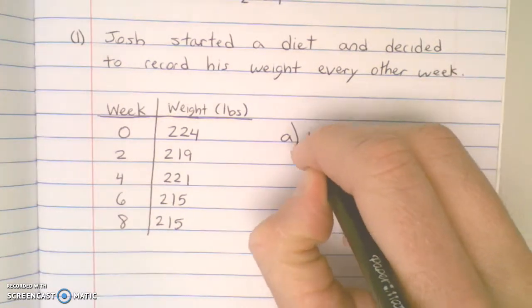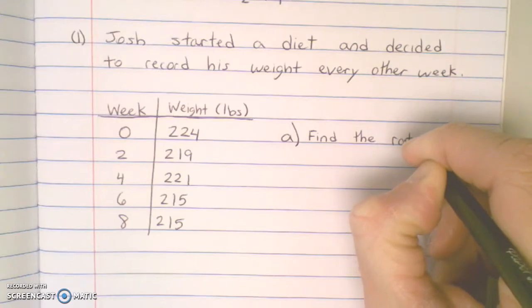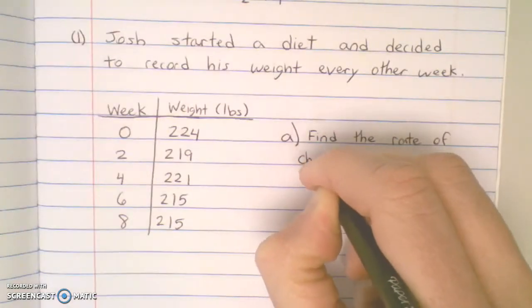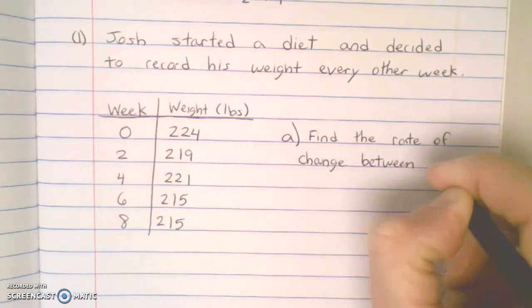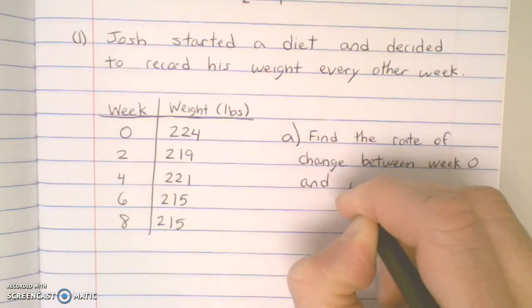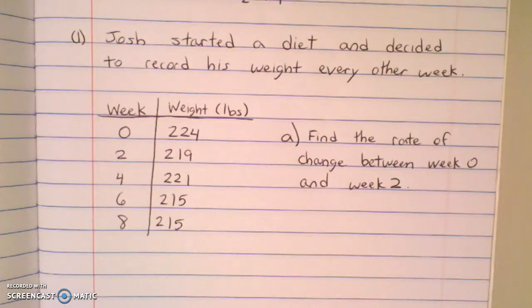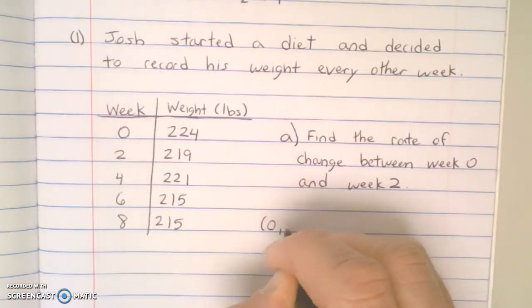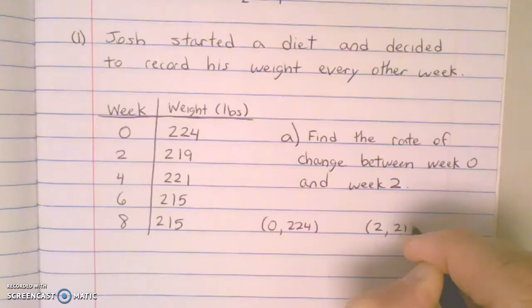So let's say find the rate of change between week 0 and week 2. So what I'm going to do is I'm just going to list my coordinates. For 0, the weight was 224 pounds. And for week 2, the weight was 219 pounds.